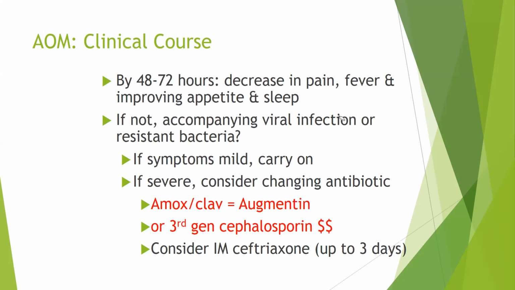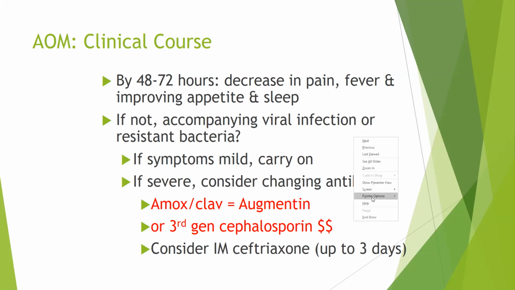If this is a viral infection or a resistant bacteria, they may not be improving, and the symptoms may carry on. If it's severe and it appears to not be a viral infectious process and there are systemic features, then we want to jump to our Augmentin. So say that we were at amoxicillin, now we go to either Augmentin or a third generation cephalosporin.